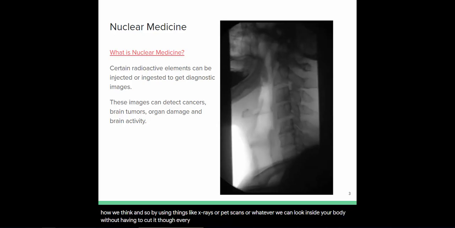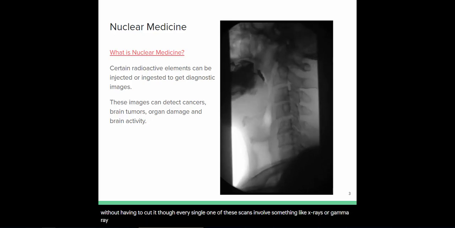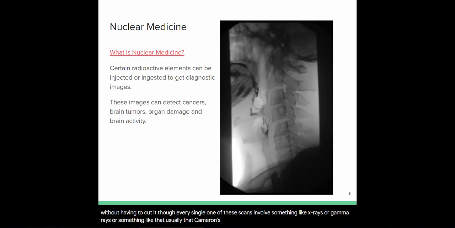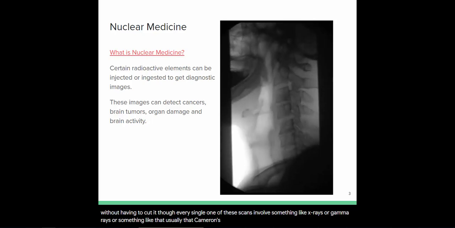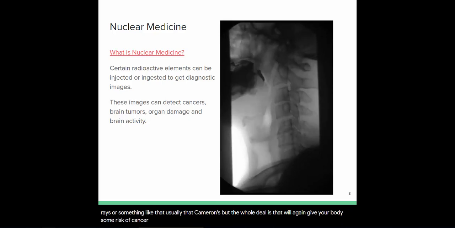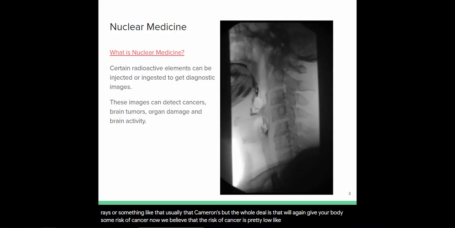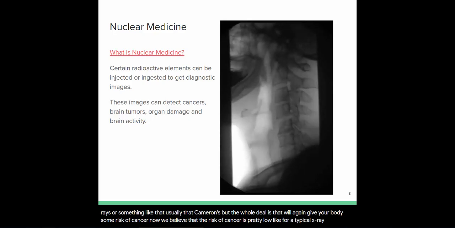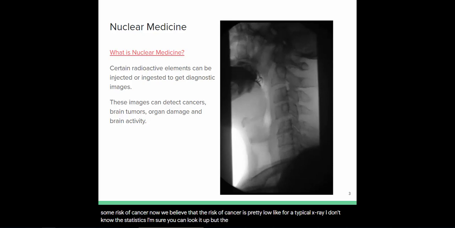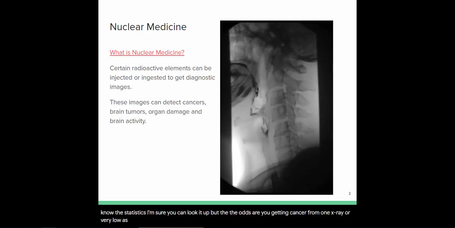Now, every single one of these scans involves something like x-rays or gamma rays. Usually not gamma rays. Hopefully not gamma rays. But that will, again, give your body some risk of cancer. Now, we believe that the risk of cancer is pretty low. For a typical x-ray, I don't know the statistics, I'm sure you can look it up, but the odds of you getting cancer from one x-ray are so low as to be basically zero.